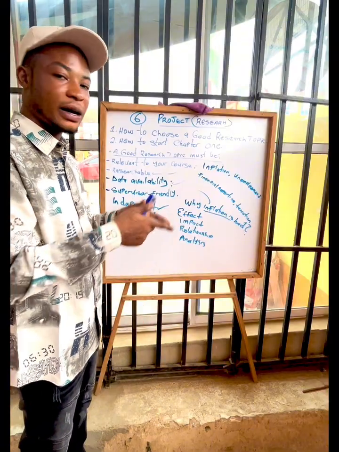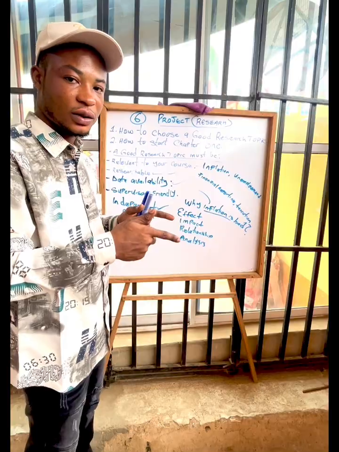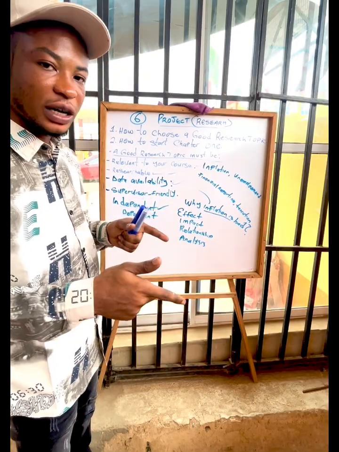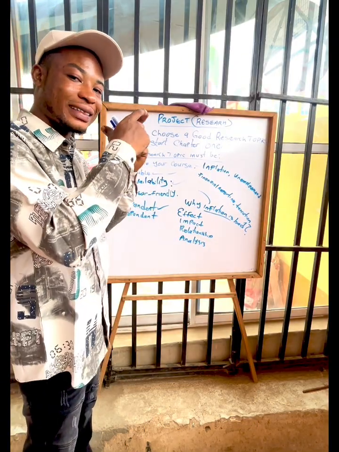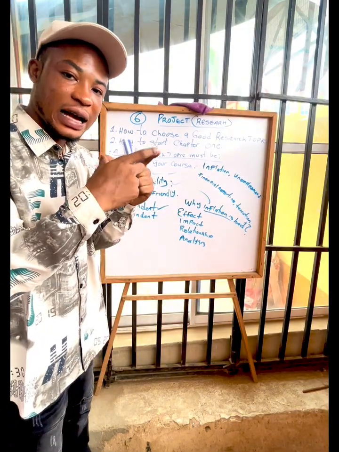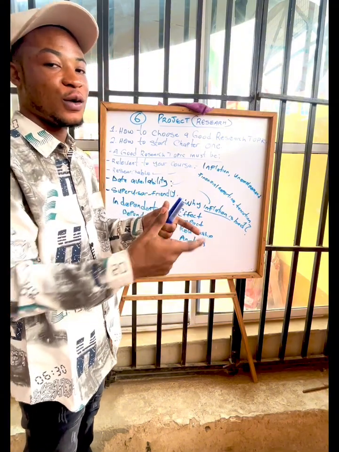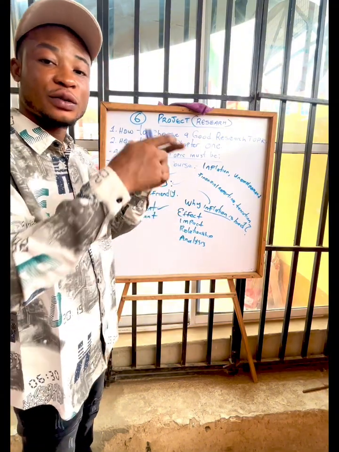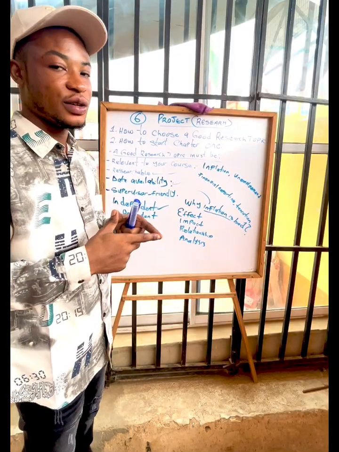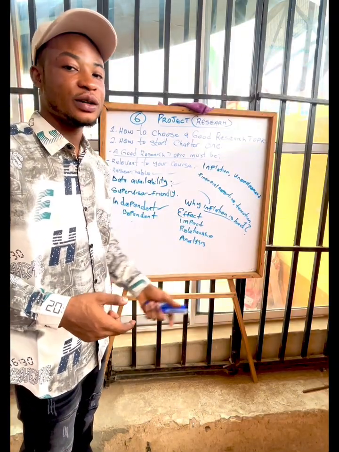If there is already data for 2025, you can now say the impact of inflation on economic growth in Nigeria from 2010 or from 2000 to 2025. There is a 10 years gap difference in that research. So that means your results and concluding findings will be different because now the time period is different.